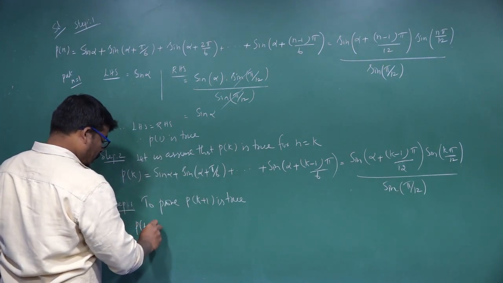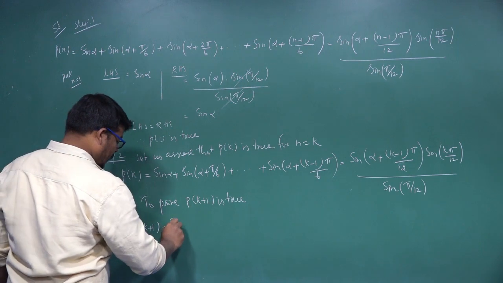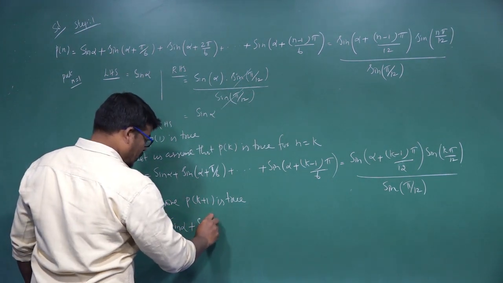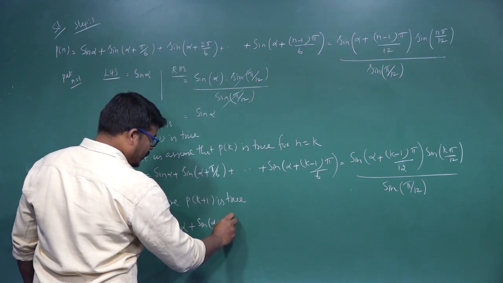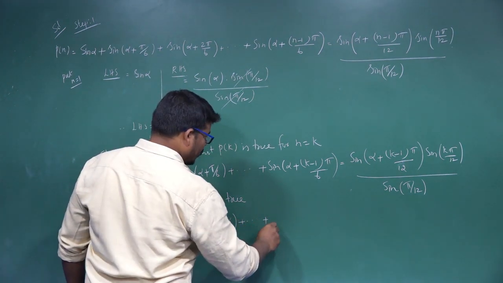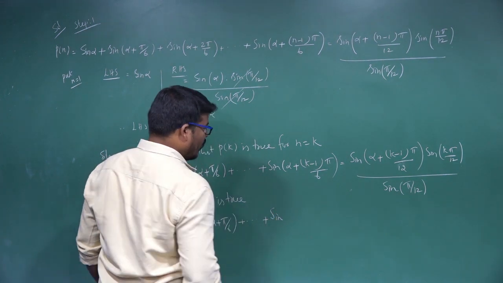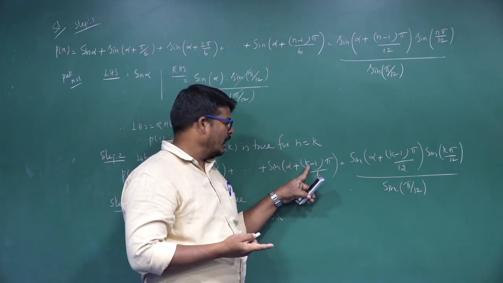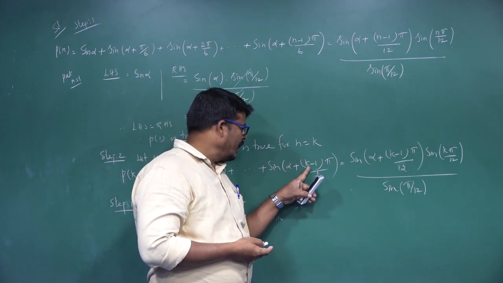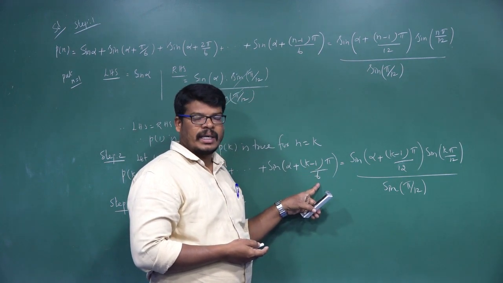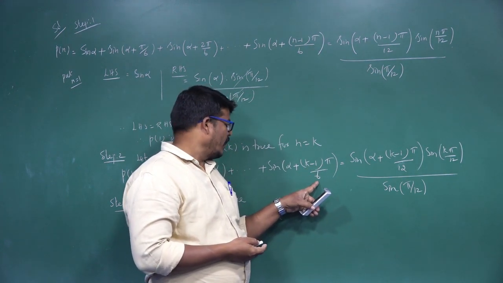P of k plus 1 equals sin alpha plus sin of (alpha plus pi by 6) and so on, plus sin of alpha plus, here k becomes k plus 1, minus 1 plus 1 cancel, k pi by 6.